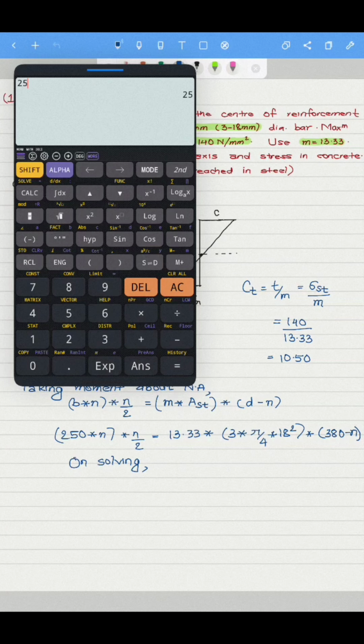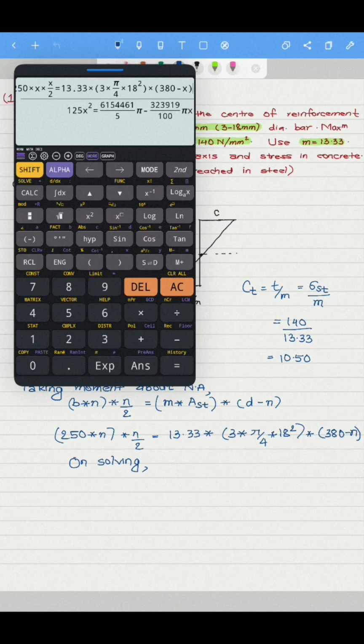On solving this, 250 into x by 2 equals 13.33 into 3 times pi by 4 into d square into 380 minus N, that is the x.